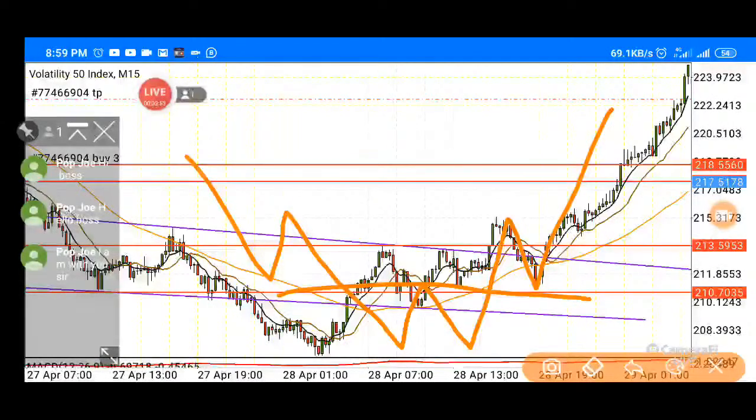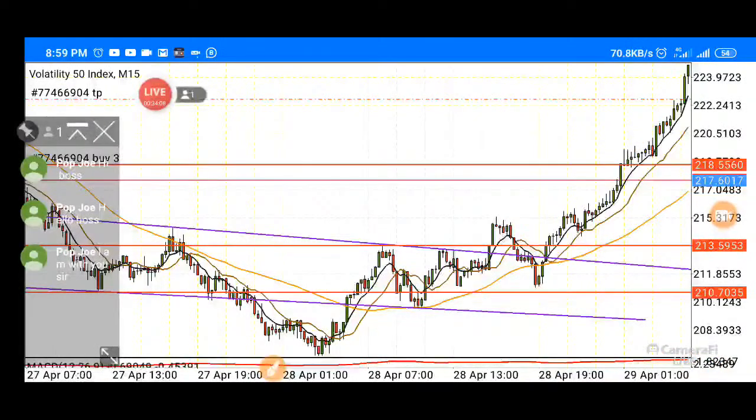After the break of this neckline over here, you enter as aggressive traders. For conservative, you wait for a retest and bounce, you enter here. Do you understand?